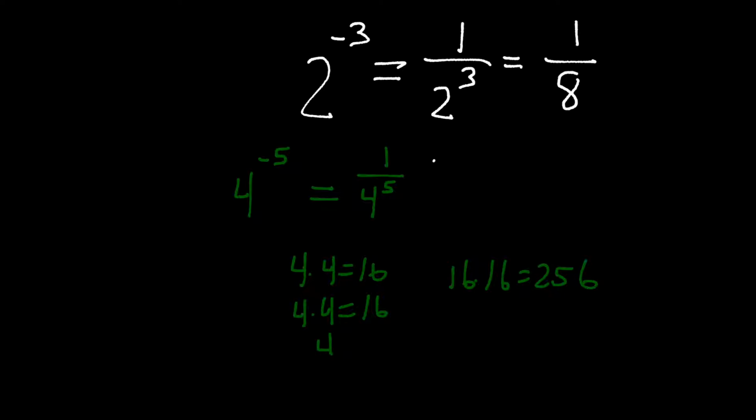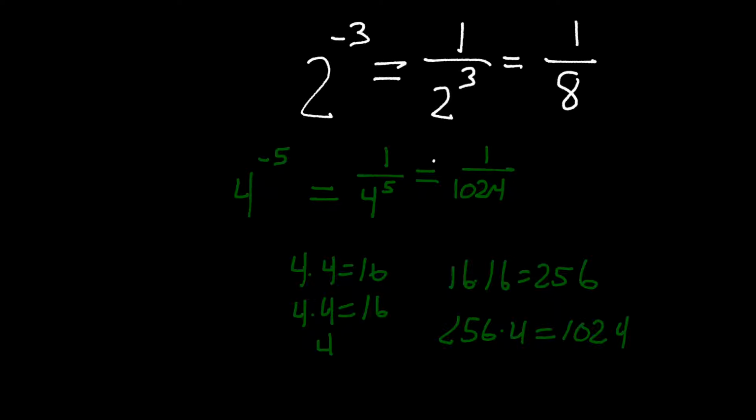So we are going to have 256 times 4, which is 1024. So 1 over 4 to the 5th is the same thing as 1 over 1024. Big number. Power of exponents. They get big fast. Or small fast. Because actually, while 1024 is a big number, 1 over 1024 is a small number.